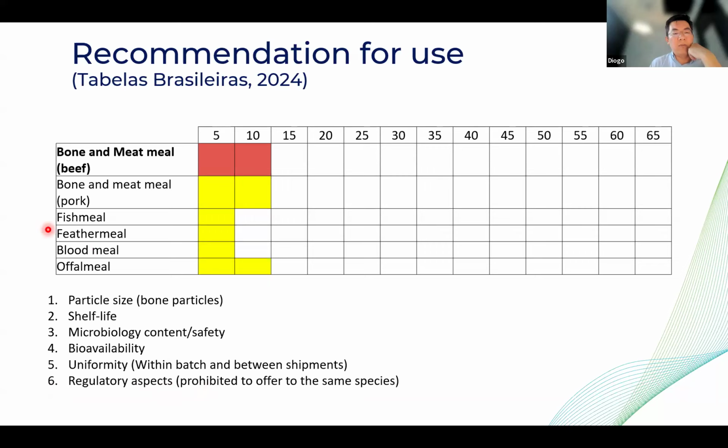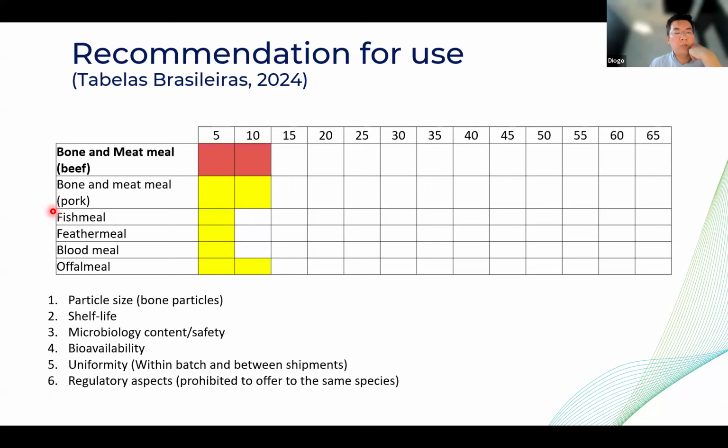Sometimes it's prohibited to offer the same. If you are formulating for layers or for broilers, it can be prohibited to use feather, blood, or offal meal that comes from the slaughterhouse of broilers.